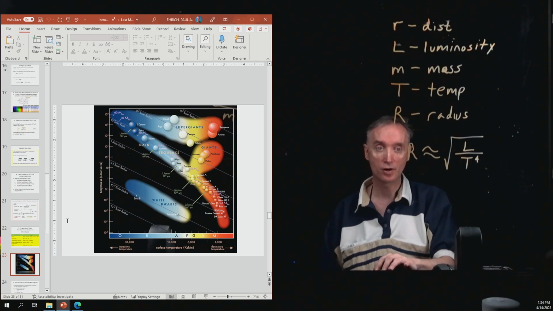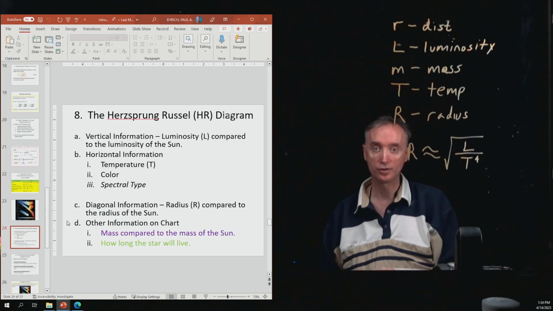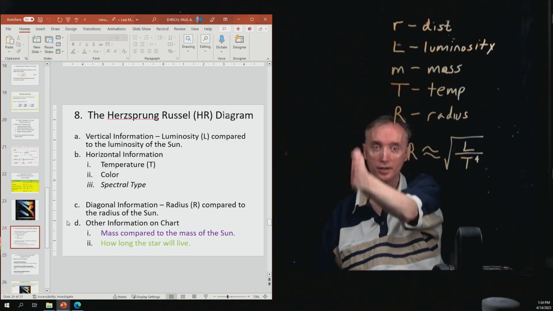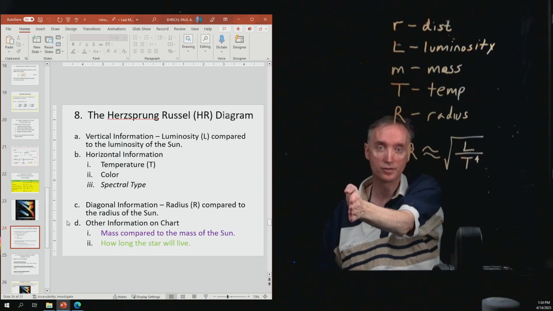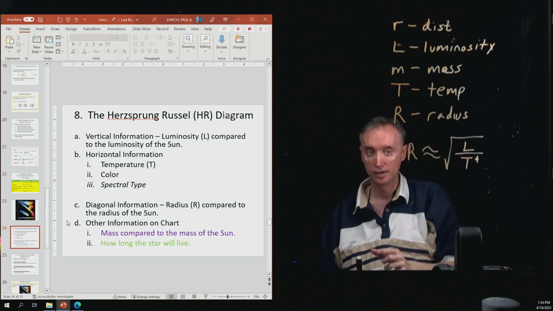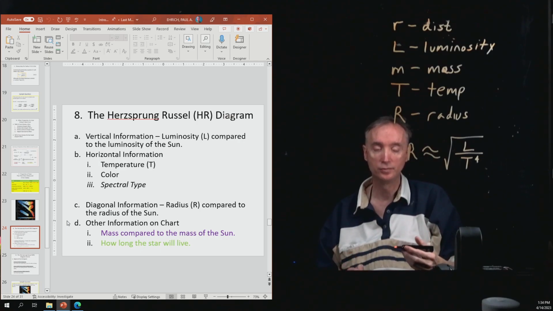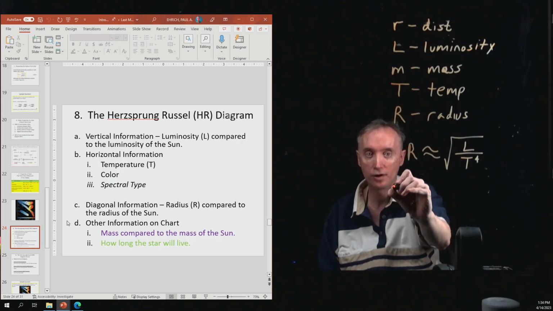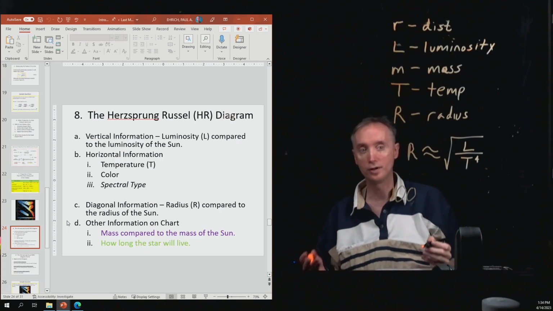So what kinds of properties? Okay, you'll notice that vertical is the brightness of the star compared to the brightness of the sun. Now, remember on the exam, let's say that you read it off the chart and it's 100. Don't just write 100.